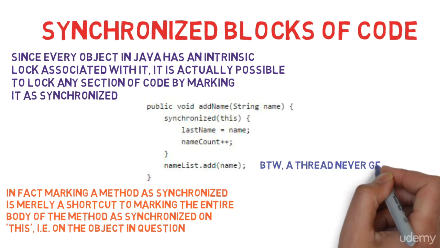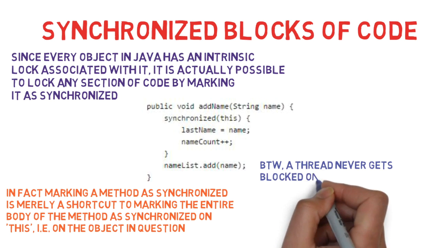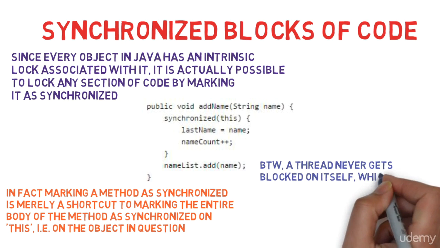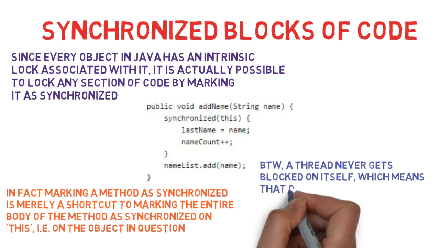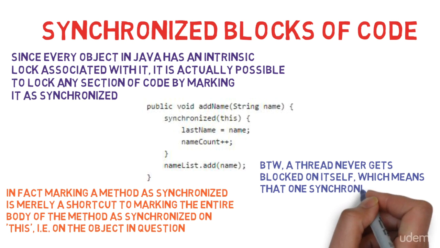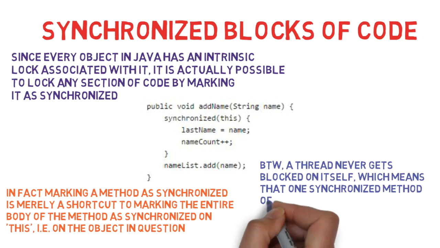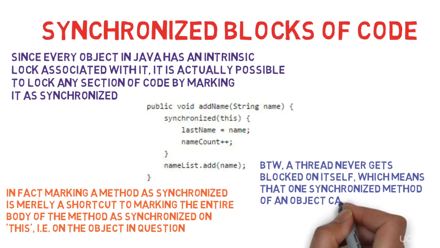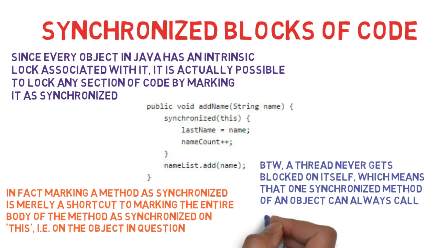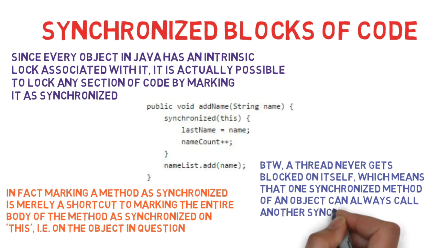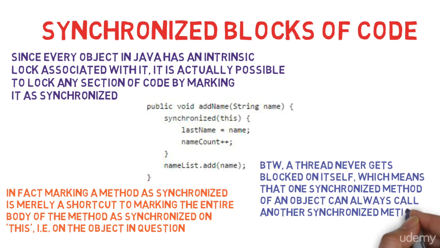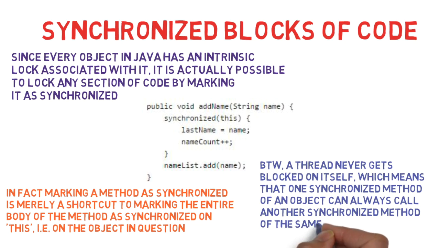There's an important point to note here. A thread can never block on itself. This means that if a thread holds a lock on an object, it can call all synchronized methods which are locked on the same object. If you go back and think about our synchronized counter example, if the thread is calling increment, that same thread, while holding the lock on that object, can call decrement and value as well.